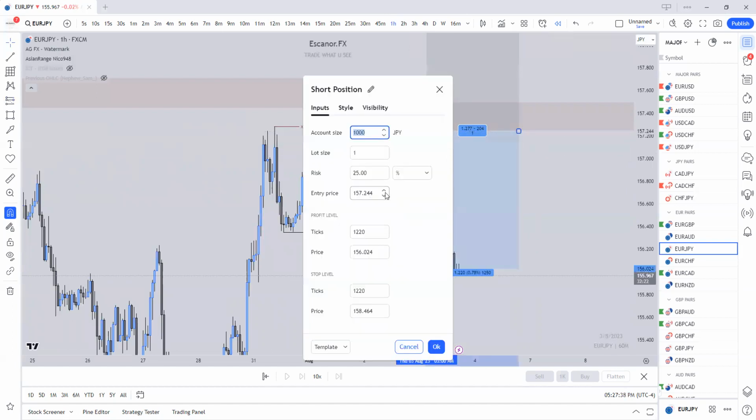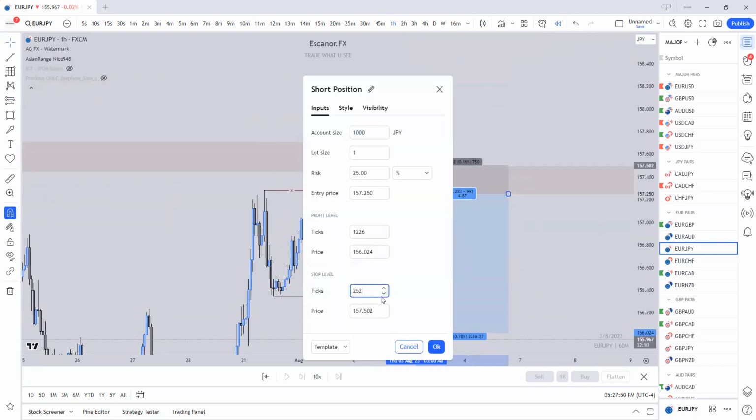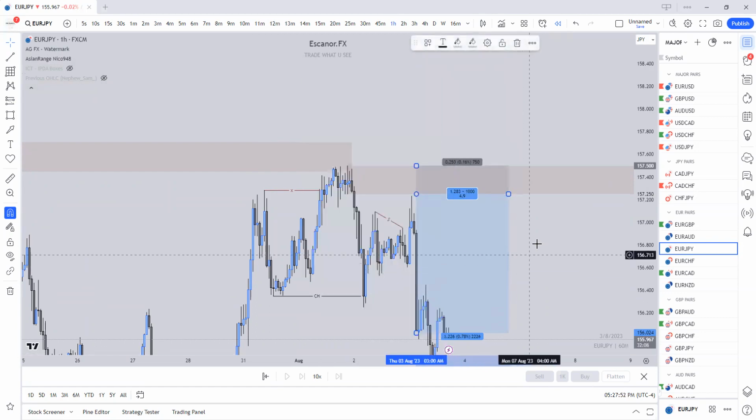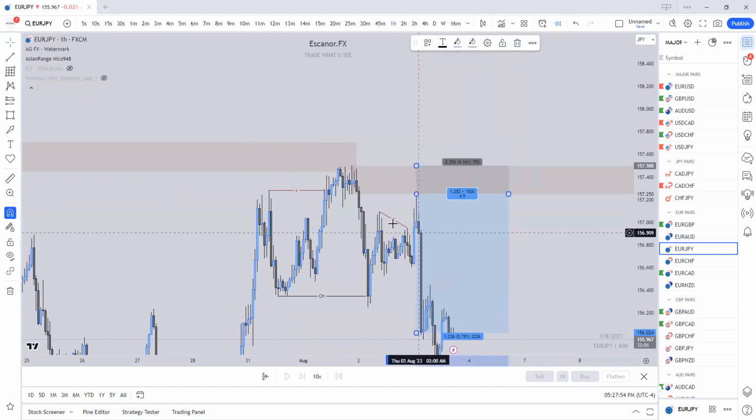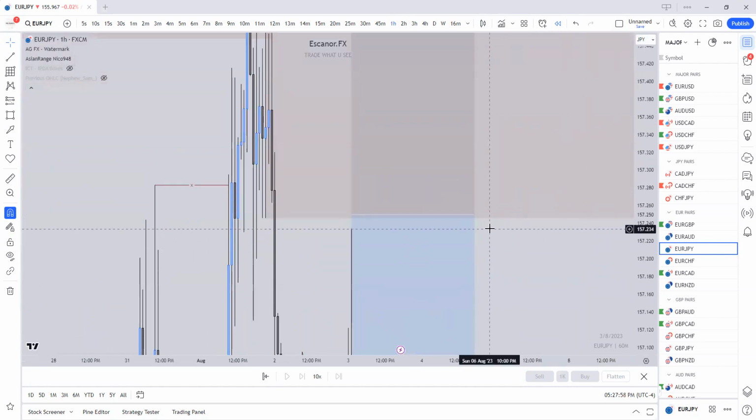I like numbers that end with 0, so I took it like this and set my stop loss at this point exactly, and I ended up missing this trade by 1.6 pip.